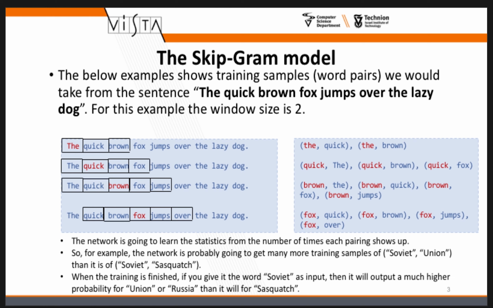The Soviet Union pair will have a higher probability than Soviet Sasquatch, because these words have context. Questions?